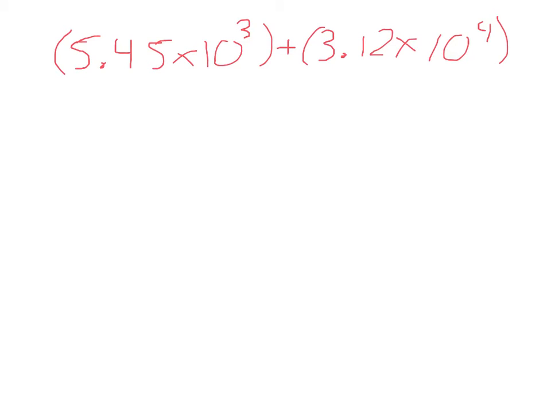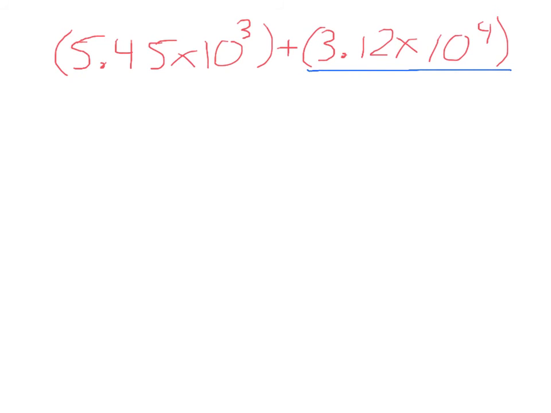So I have two choices. I can turn one of them into 10 to the third, or change the other one into 10 to the fourth. Well, I think what I'm going to do... Okay, sorry, I got interrupted there for a second. So what I'm going to do is I think the easiest thing is to go to the lower exponent in this case. So I'm going to convert 3.12 times 10 to the fourth into a 10 to the third.